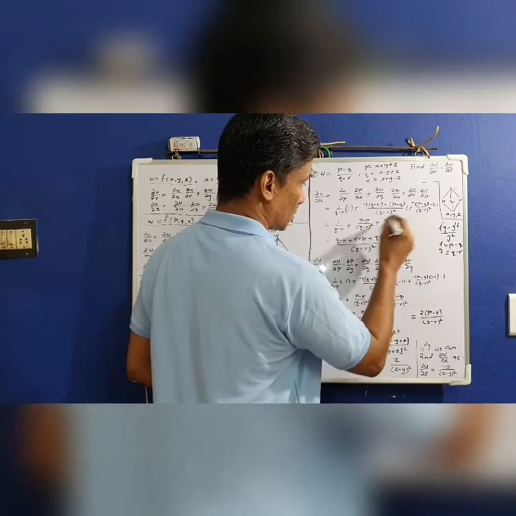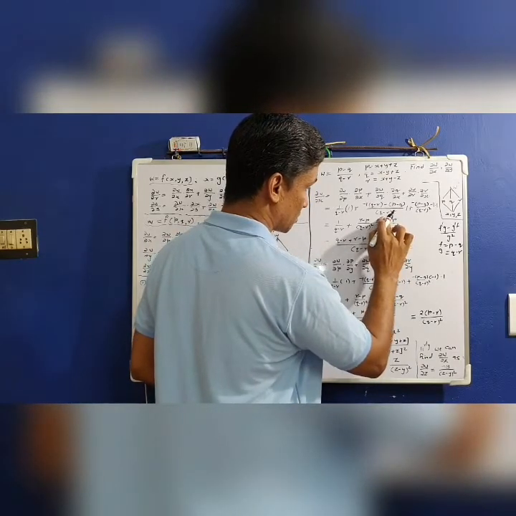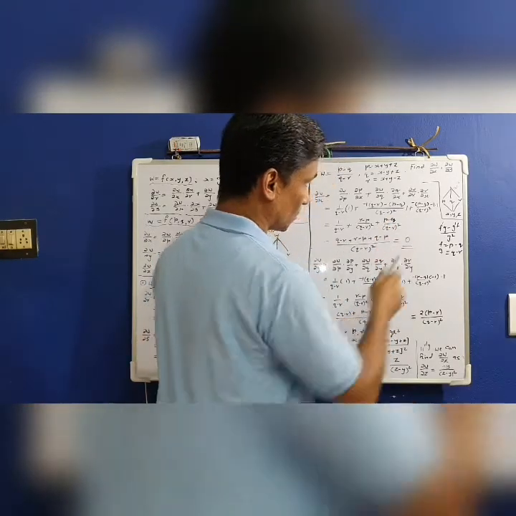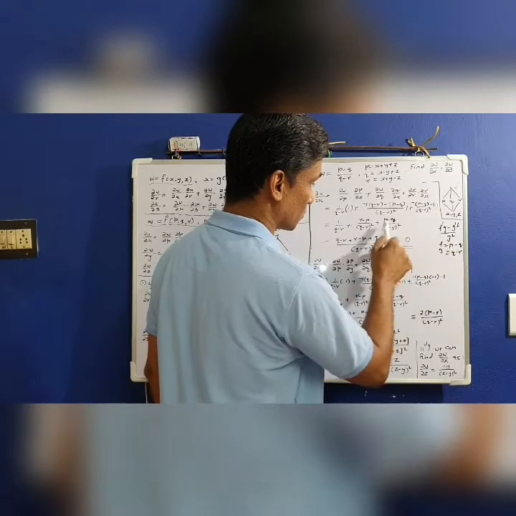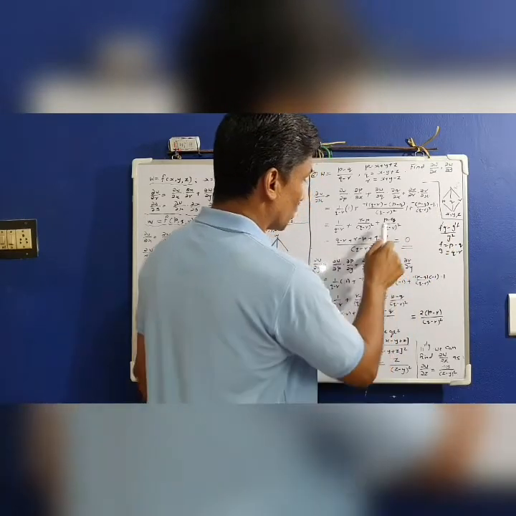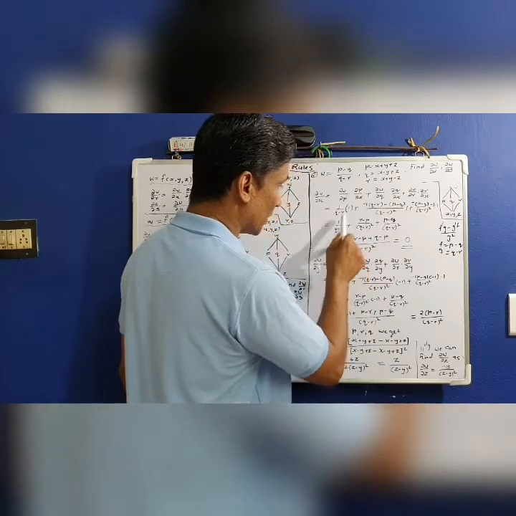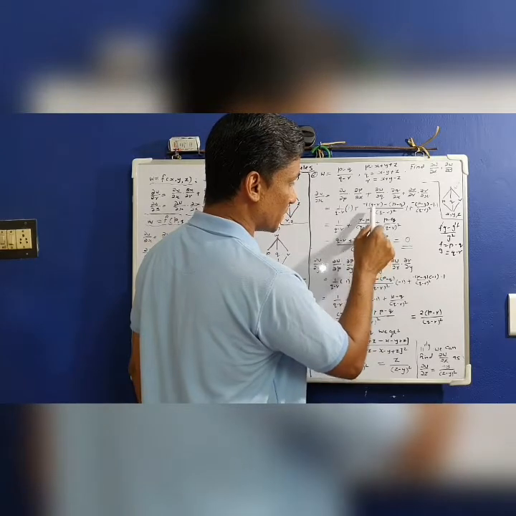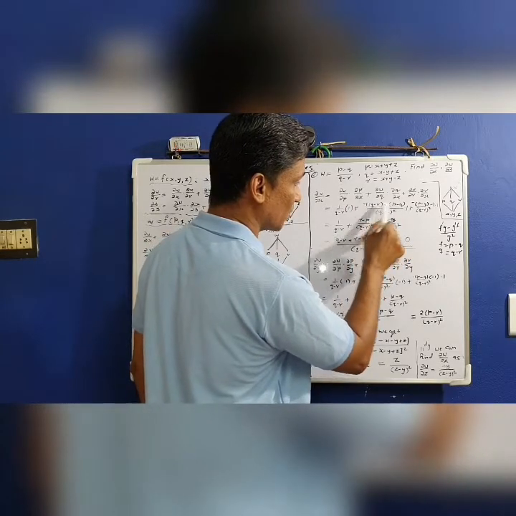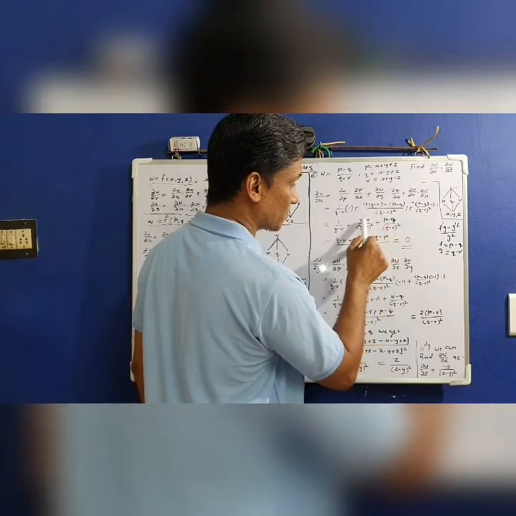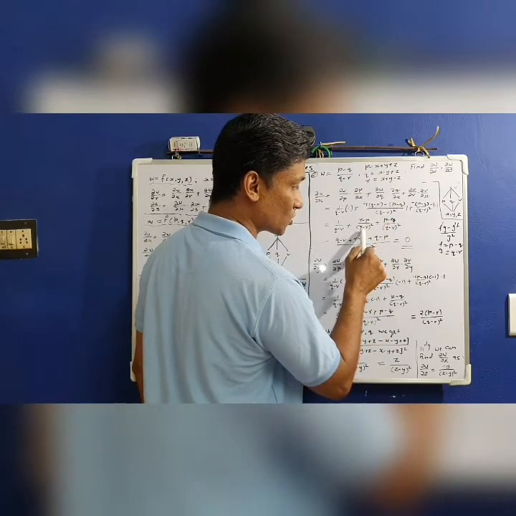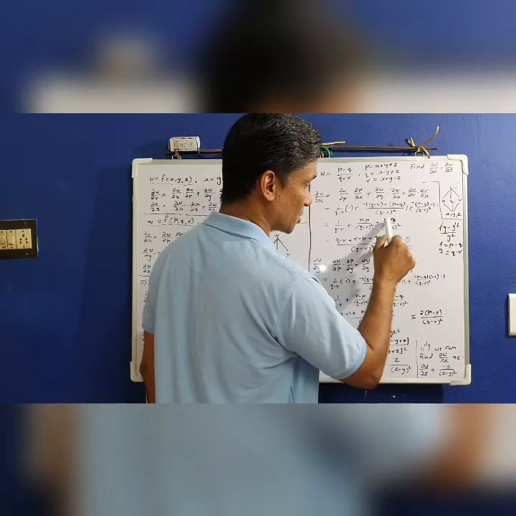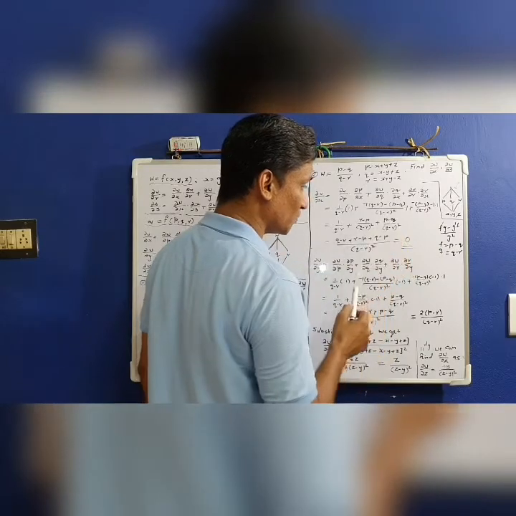On simplifying, you get this (p − q). Now ∂r/∂x is 1, so this is (p − q). Minus q and plus q get cancelled, so this becomes (r − p) by (q − r) whole square, and minus becomes plus, that is again simply (p − q).